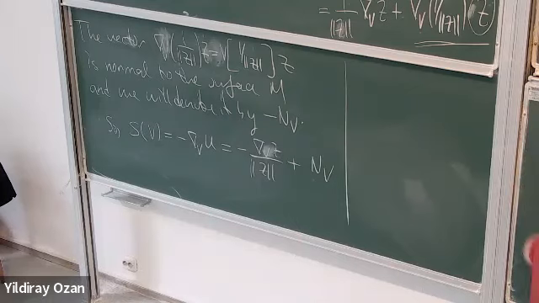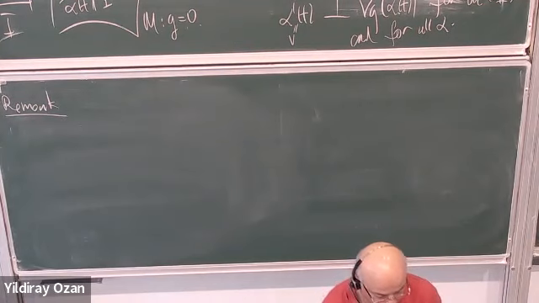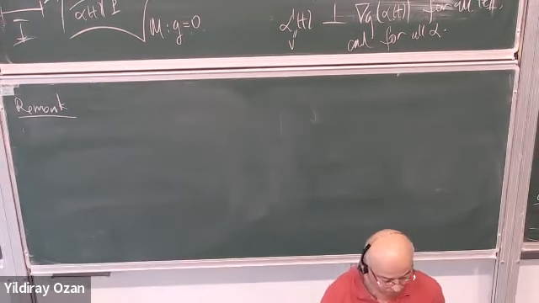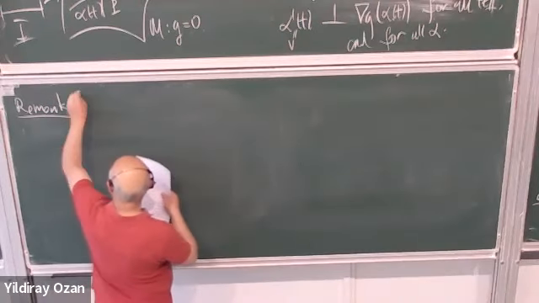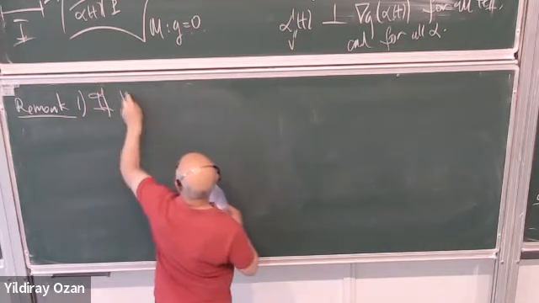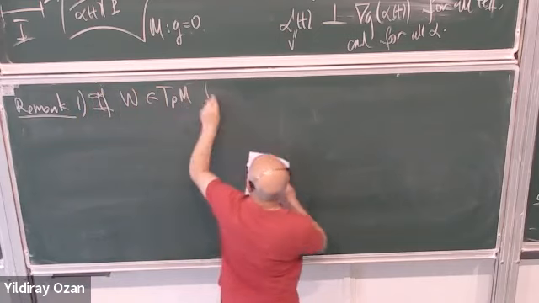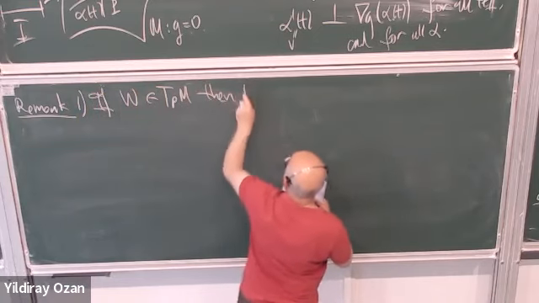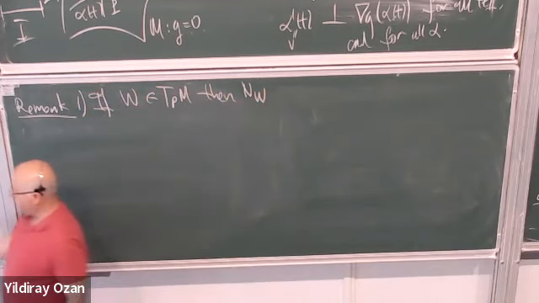Remark, I should change the board. Okay. Now here is the remark. The first part is this. If W is a tangent vector to the surface, then NW, like NV, right? Here I had NV.